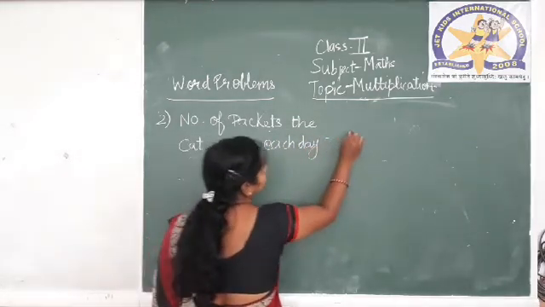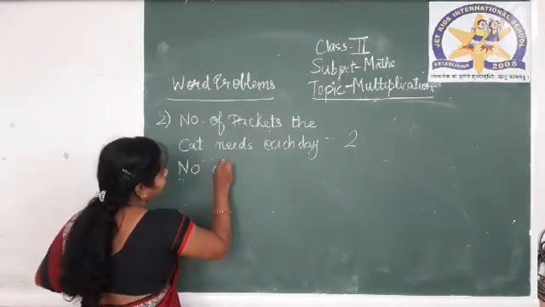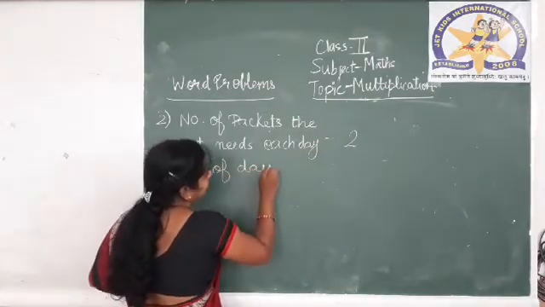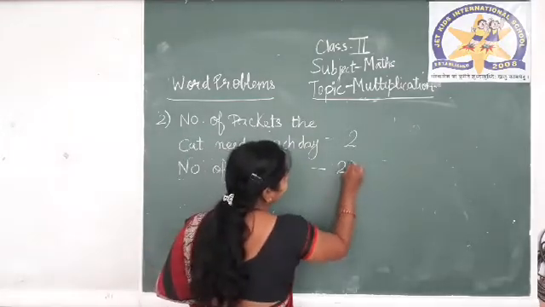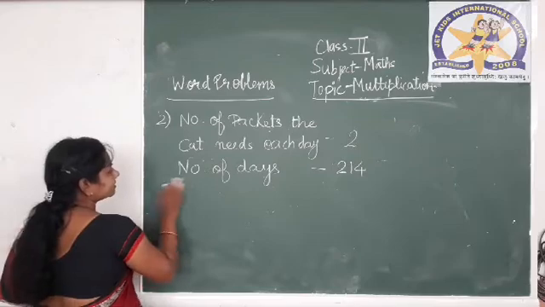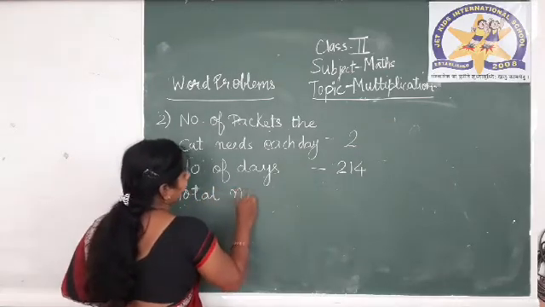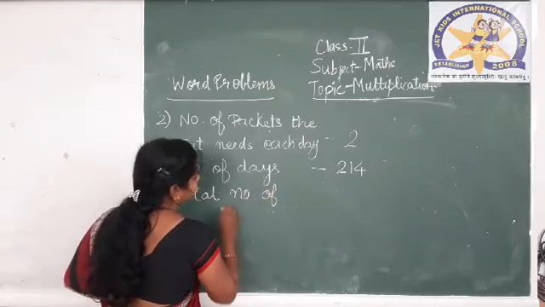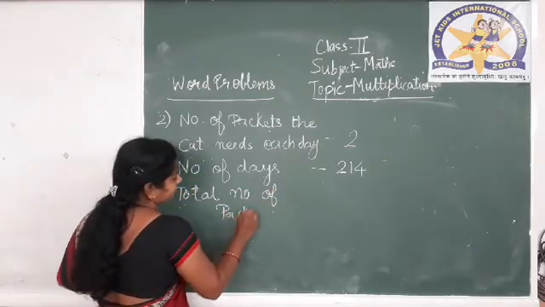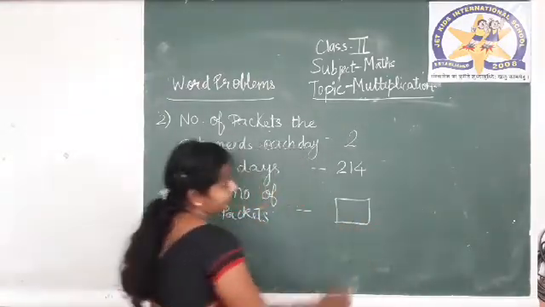How many? 2 packets. Then number of days. How many days are they saying? 214 days. Next, total number of packets. Total number of packets that we have to find out.